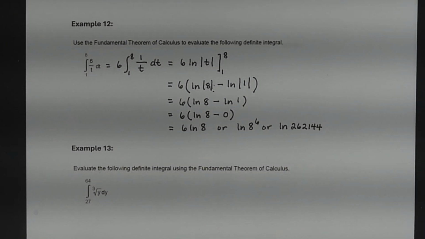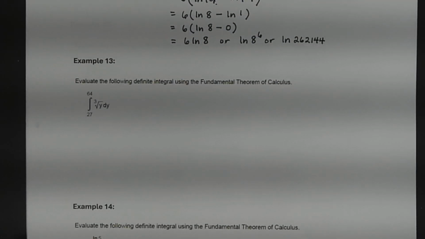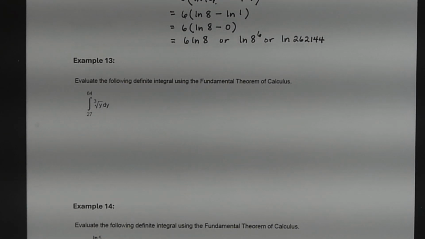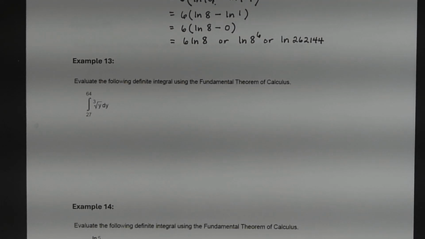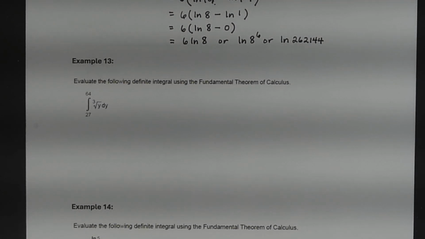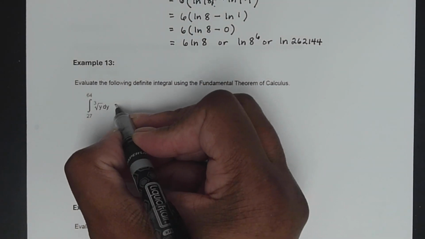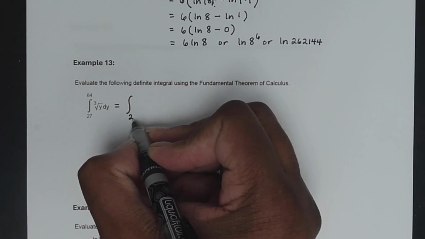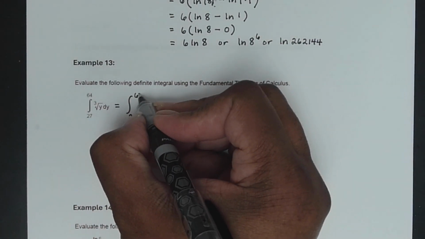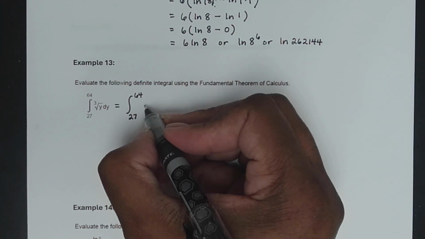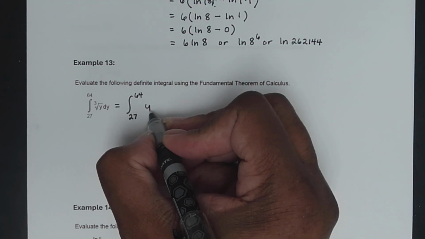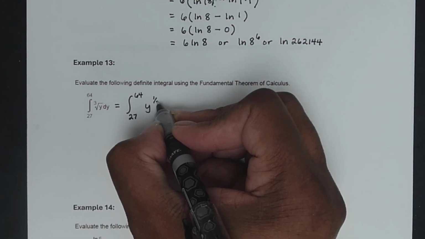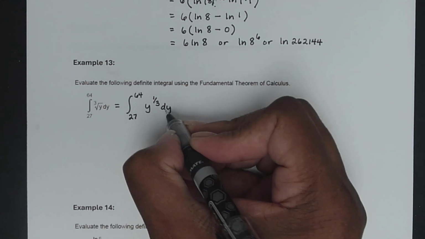Okay, example 13. Here we got the integral from 27 to 64 of the cube root of y dy. Well, let's write the cube root of y in exponential form. So it'll be y to the 1/3 dy.